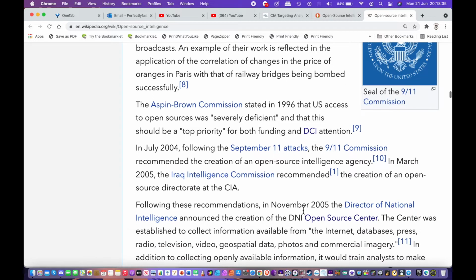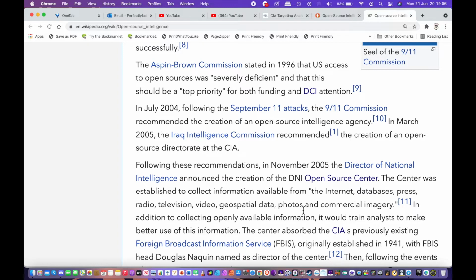In July 2004, following the September 11 attacks, the 9/11 Commission recommended the creation of an open source intelligence agency. In March 2005, the Iraq Intelligence Commission recommended the creation of an open source directorate at the CIA, which we are looking at right now.